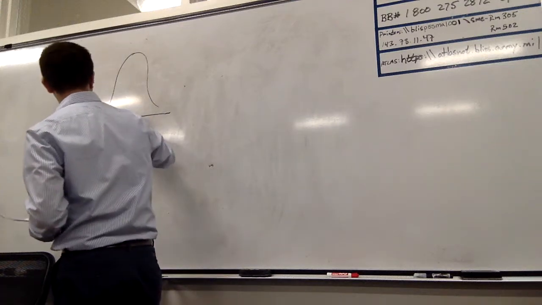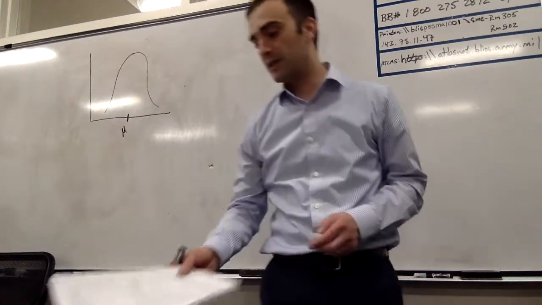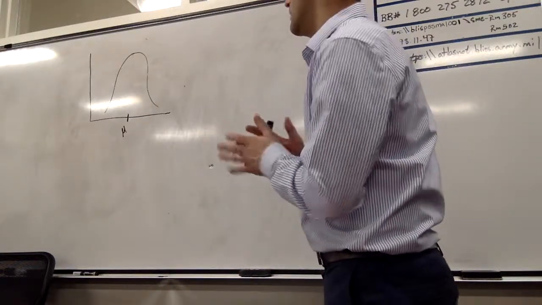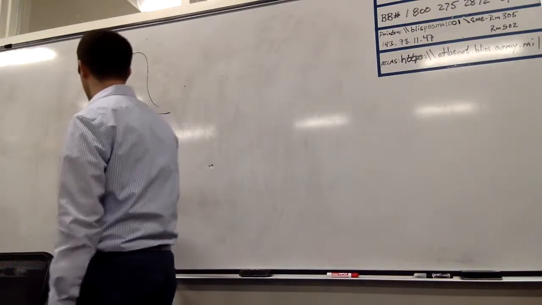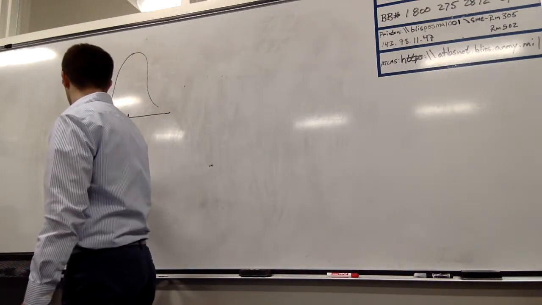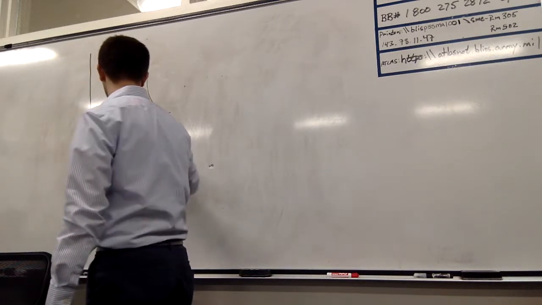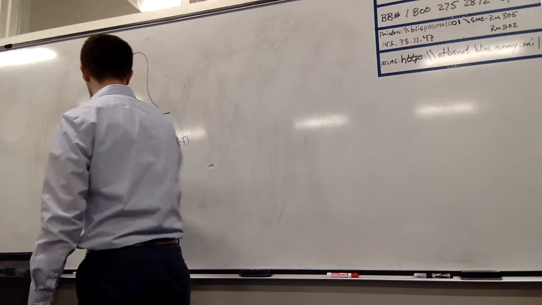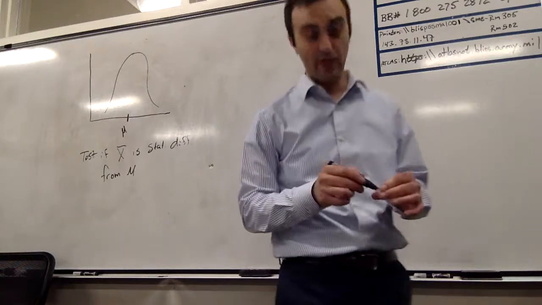And we're going to put a comparison figure at the peak. And then you're going to test if your sample mean is statistically different from the mu, the comparison figure.